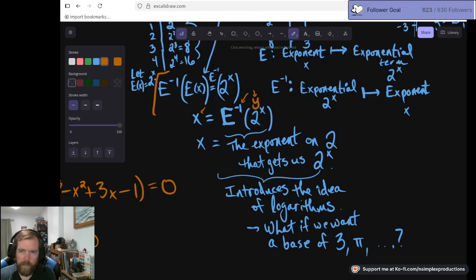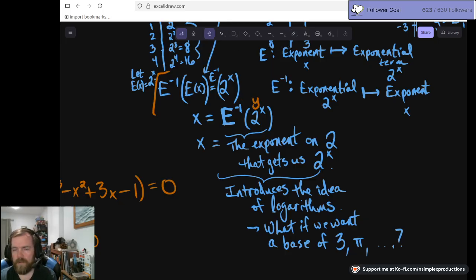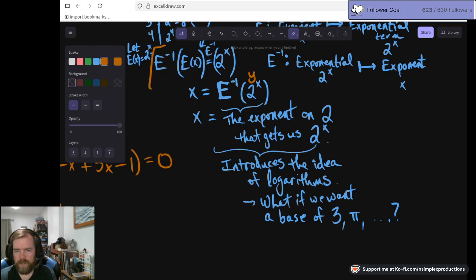So it's not really how I wrote it here. That's going to be a pain. It's fine. So if we did e of x equals y equals 2 to the x, right?